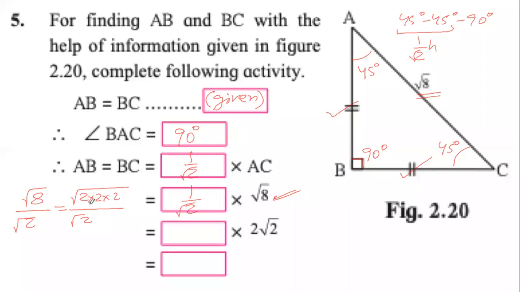Because it is square root of 2 into 2 into 2, for every pair 1 will come out. So this will be 2 into square root of 2 by square root of 2. So this continues to be 1 by square root of 2. You need to know that square root of 8 is equal to 2 root 2. Now, root 2 and root 2, when they divide, we are left with 1, and 1 into 2 will be 2, and that is the answer.